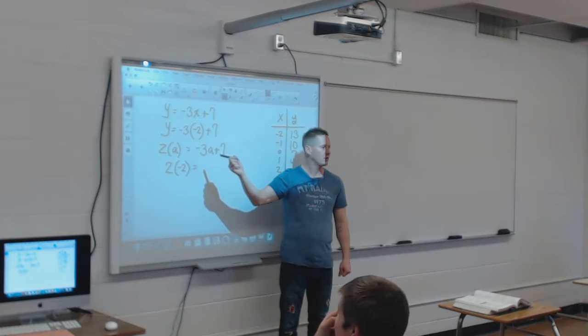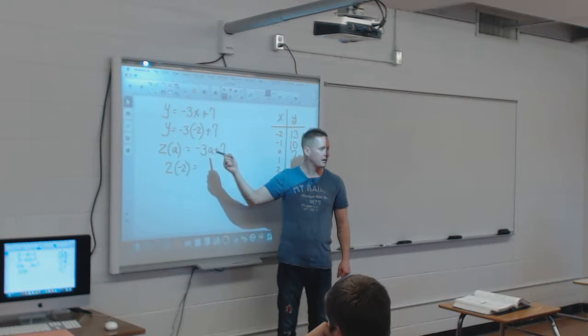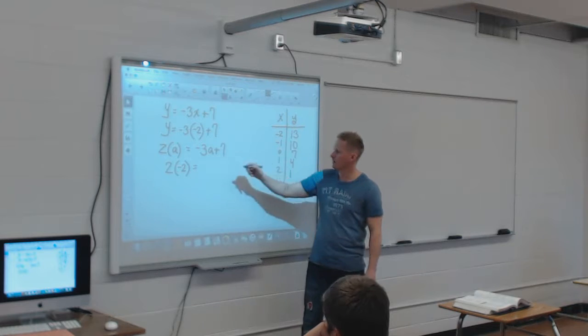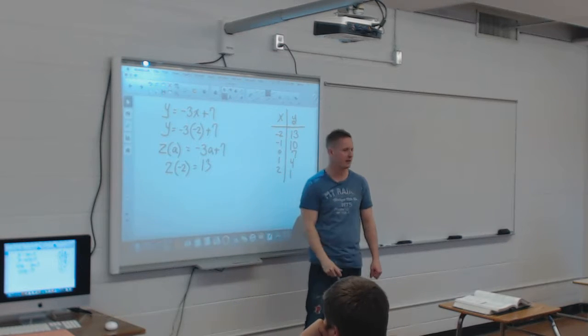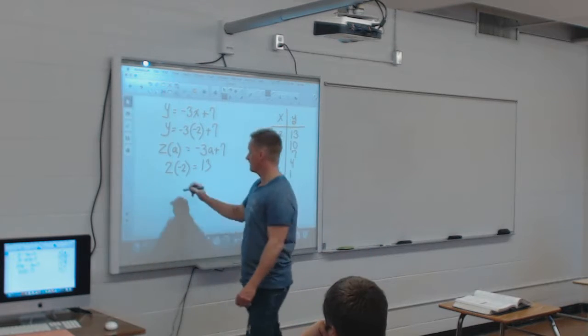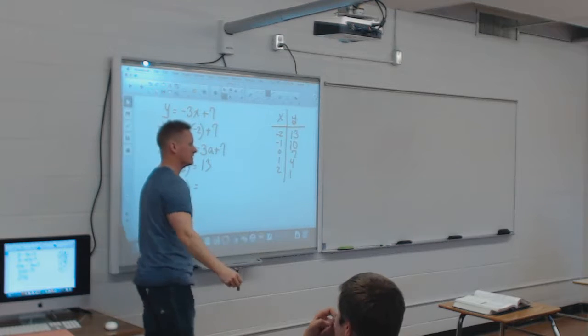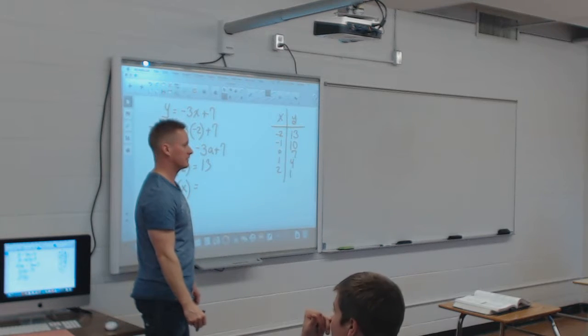No, I'm substituting, this is the input value. I'm going to put it in for a, and then I'm going to solve. And when I do, I get 13. Okay, that makes sense. So what if I do this? What's the equation going to look like?